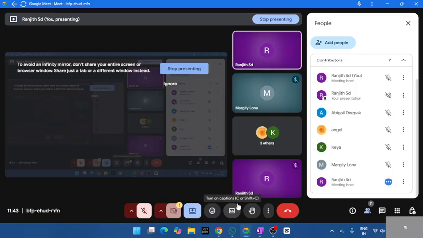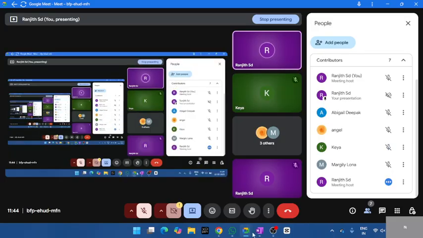Okay. Fine, Kia. Keep a bookmark, student. See, usually Abigail used to check, but she's not able to unmute.